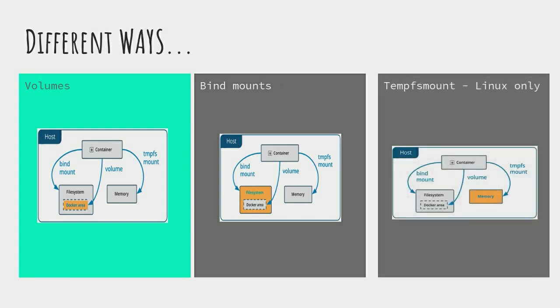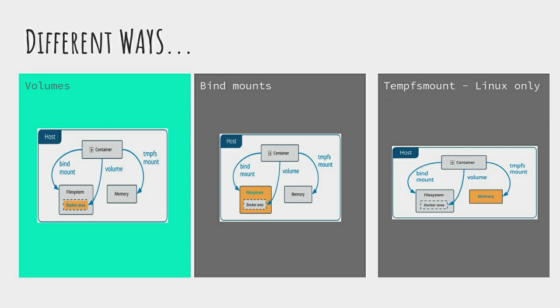Then we also have a temporary storage, but it is only available on Linux containers. It's called a tempfs mount, temporary fs mount. You can see the orange area resides in the memory and not the file system. So every time you switch off your laptop or you turn down the computer, the memory is going to flush.